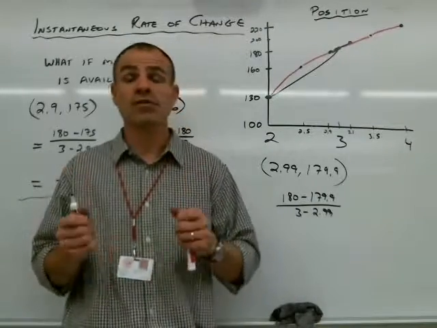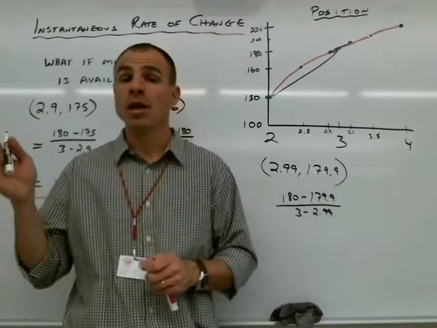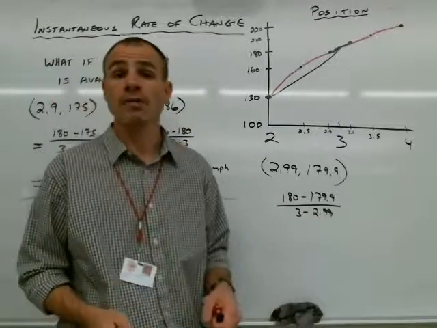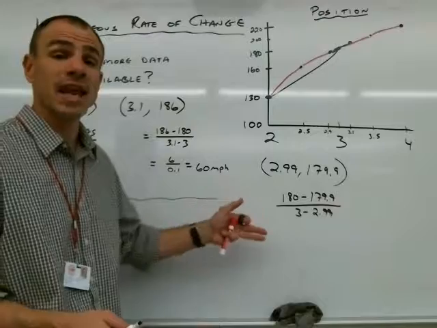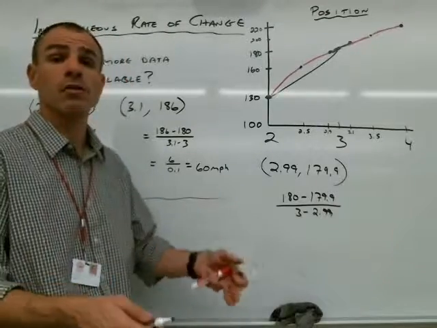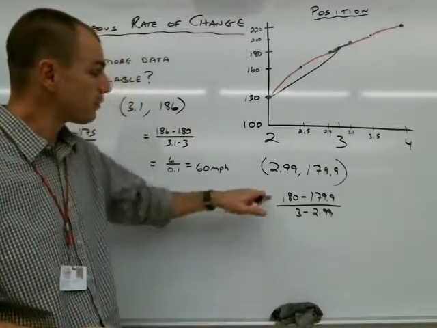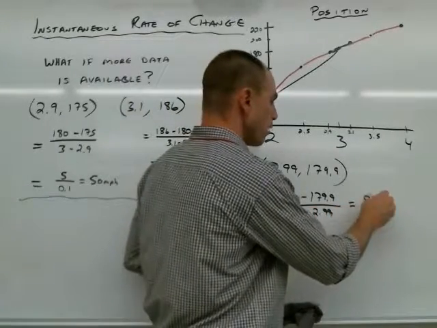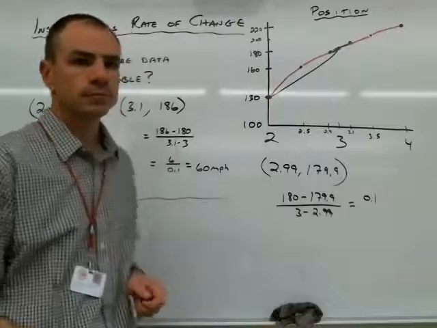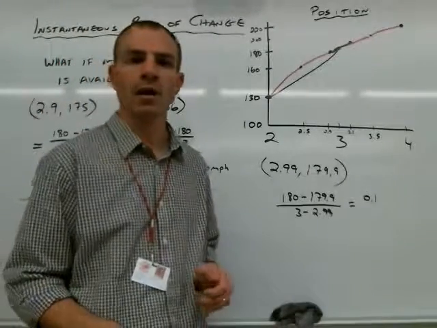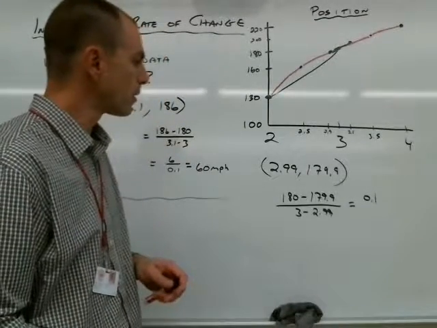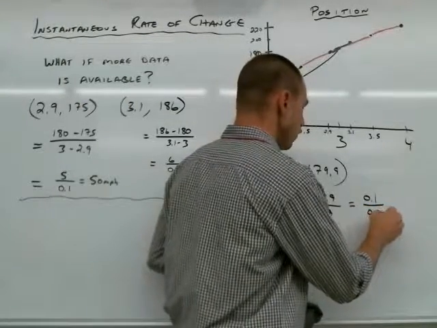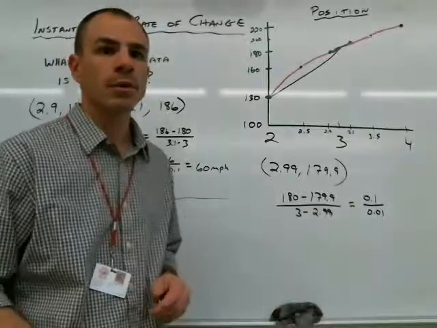That's really close. There's not a lot that's going to be happening in all likelihood in the 36 seconds leading up to where we know to the point that we actually want. So this is our best data yet, because we're getting closer and closer to that 3-hour mark. All right, so if we do this out, we end up having, what? We have 0.1 in our numerator, and we end up having 0.01 in our denominator.